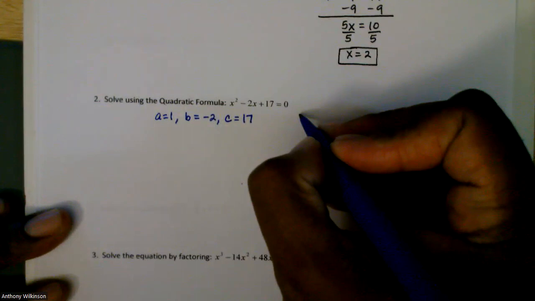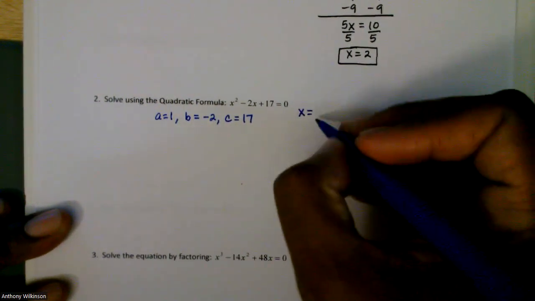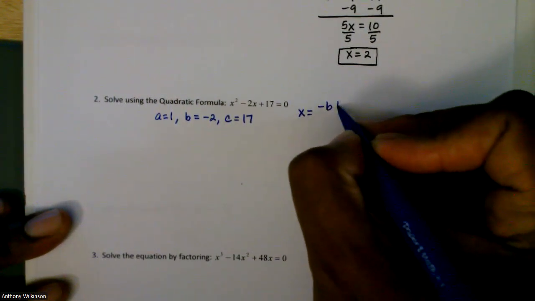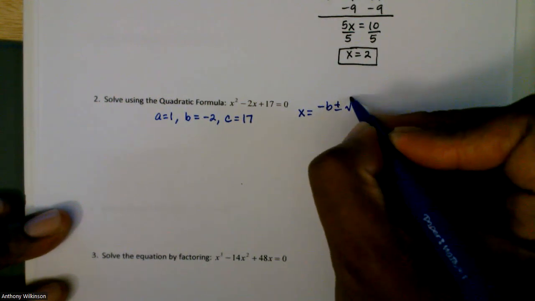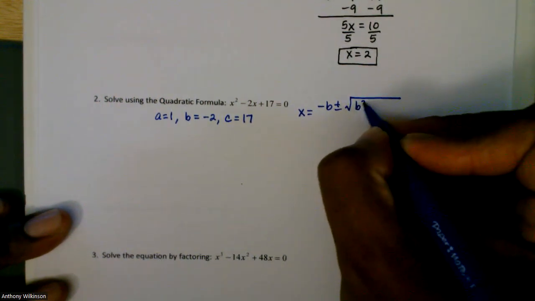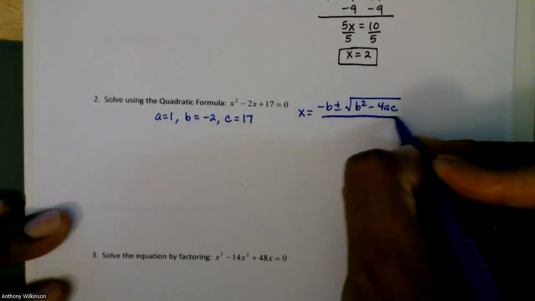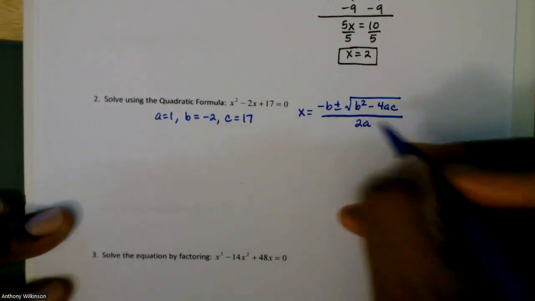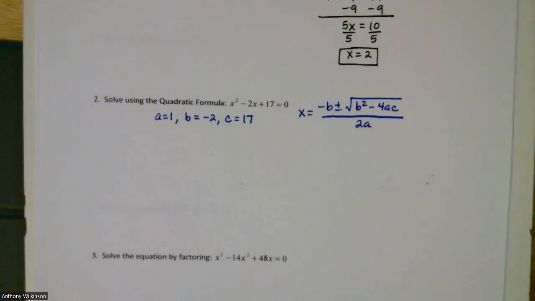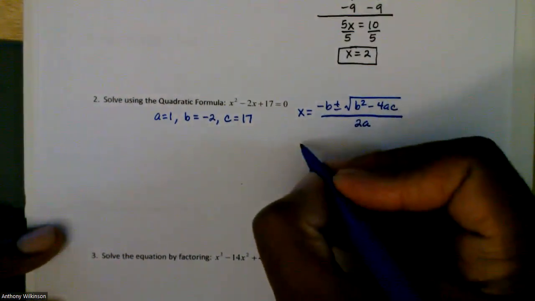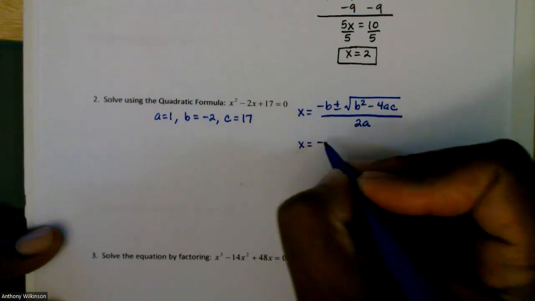So in this case here, your quadratic formula, if you recall, will be x is equal to -b plus or minus the square root of b squared minus 4ac, all divided by 2 times a. So here you're going to substitute the a, the b, and the c in that quadratic formula and simplify. Okay, so you get x is equal to the negative sign.